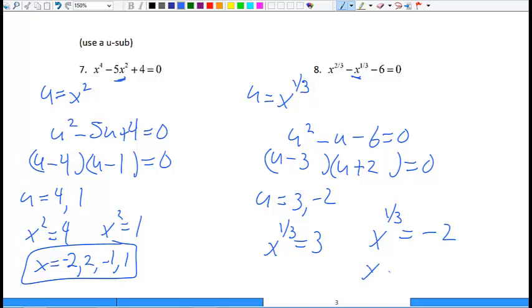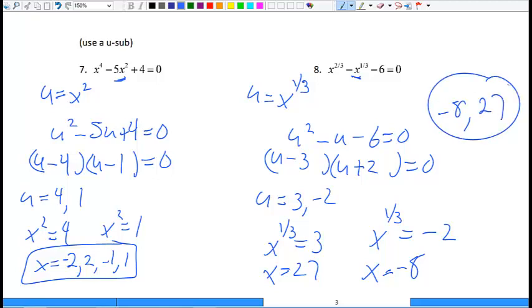Okay, backtrack there. So if I cube both sides, I get negative 8 here, and if I cube, so I had to get rid of the cube root, you cube it, so that would be 27 here. So my two solutions are negative 8 and 27.